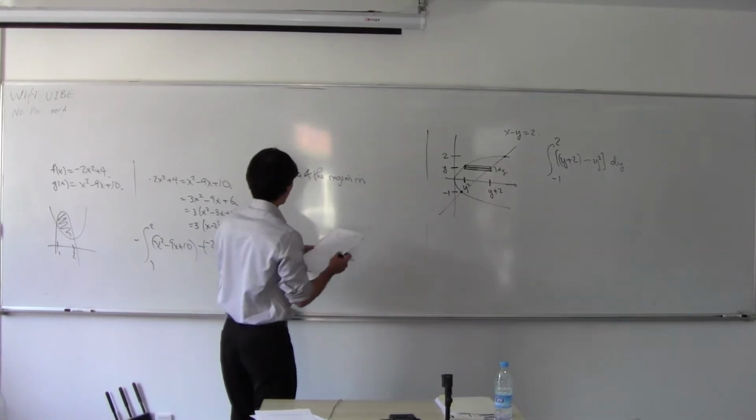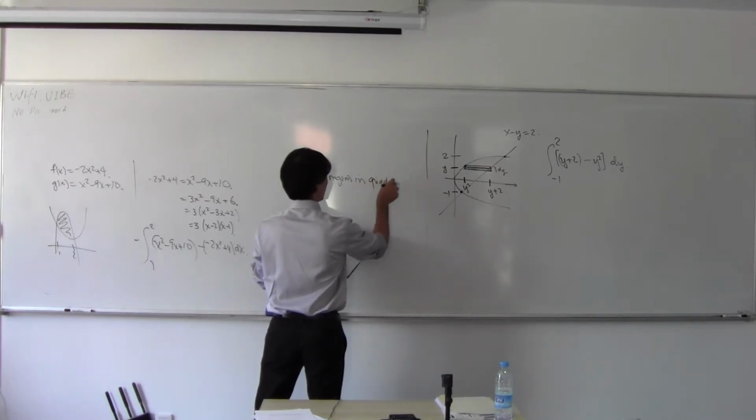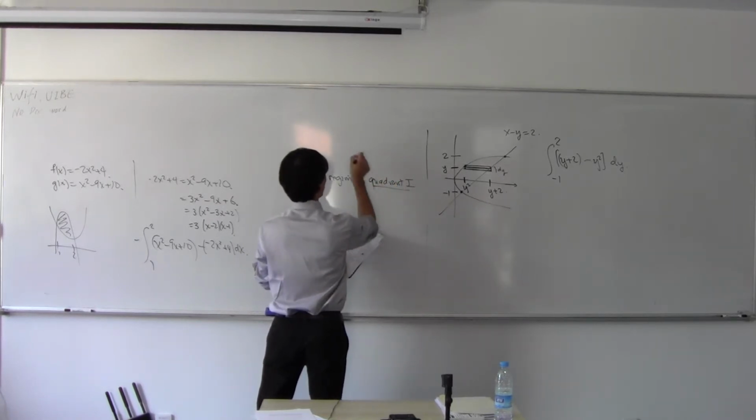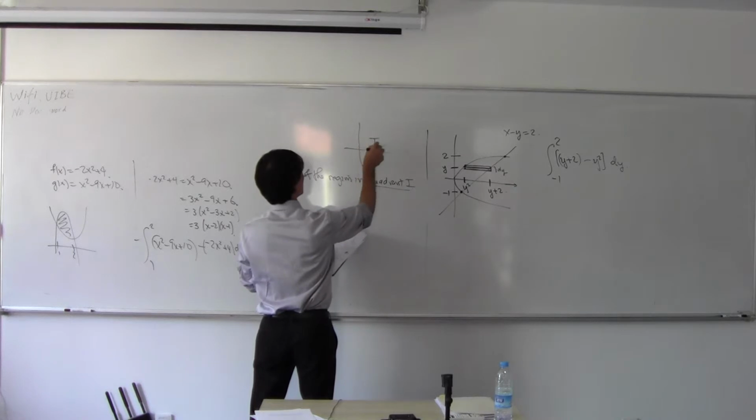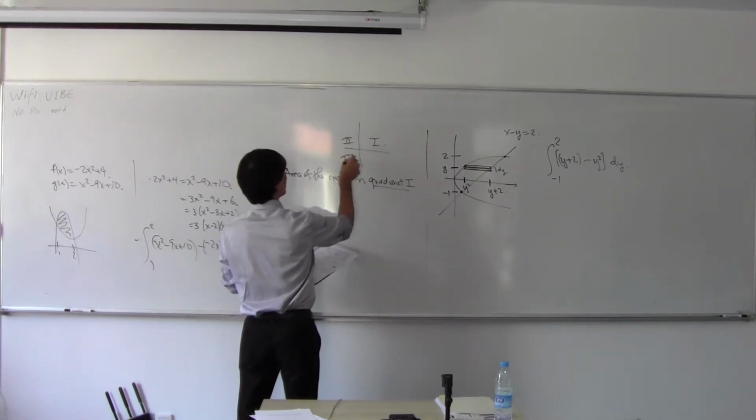Thank you. Okay. Area of the region in quadrant 1. When people say quadrant 1, they mean this quadrant. 1, 2, 3, 4.